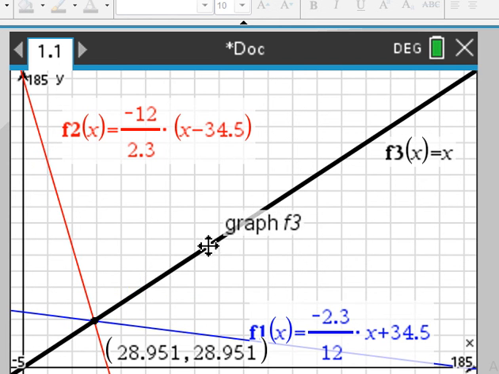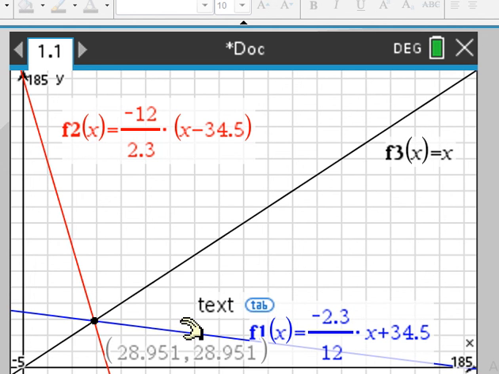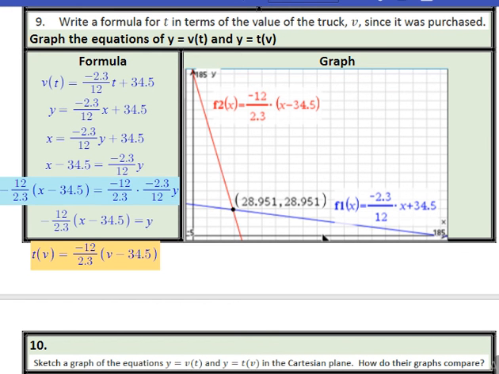And that relationship is that these are reflections over the line y equals x. So when you think graphically about a function, if you want the inverse of the function, you reflect across the line y equals x. So this is the graph that you should have with number 9.